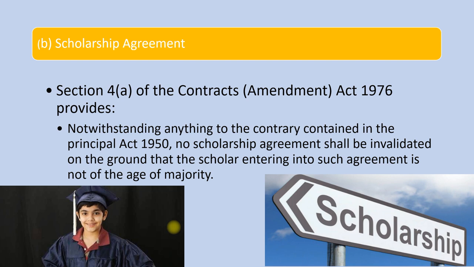In other words, prior to this amendment, minors could not enter into a scholarship contract. Only after this amendment did the law give some relief to minors so that they can enter into a valid contract for study under a scholarship agreement.